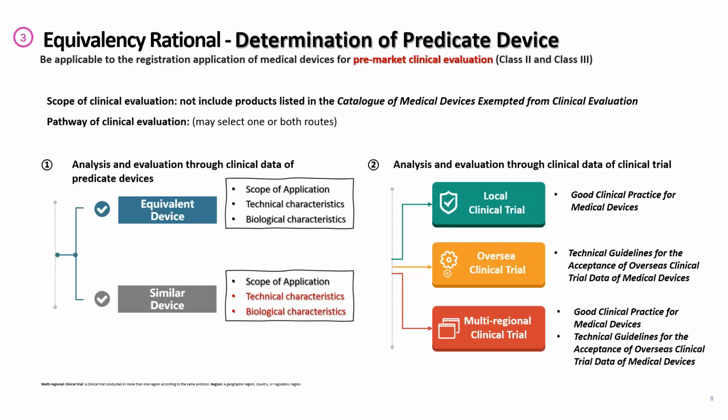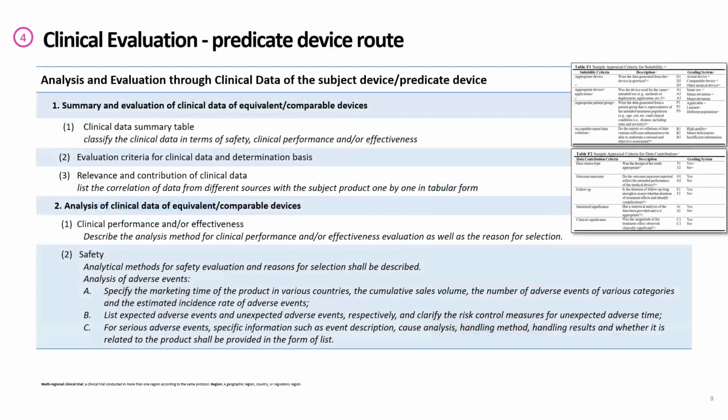And if we need to cover multiple regional clinical trial data, I think we need to follow the two guidance. Next, after we evaluate which pathway we need to go, we need to know how to weigh or evaluate the clinical evidence.